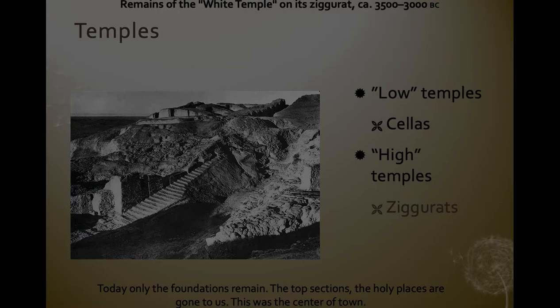In Sumer, we find some of the oldest known cities, including Ur and Uruk. In Uruk, we find the White Temple, which is seen over here. This temple was named after the color of its whitewashed bricks, and it was in honor of the sky god Anu.